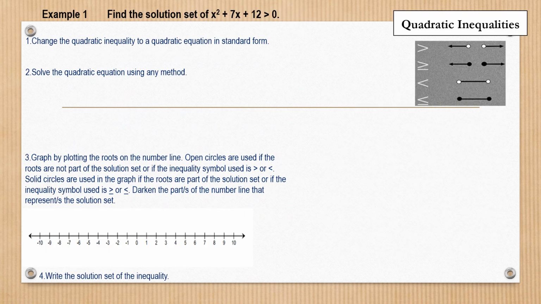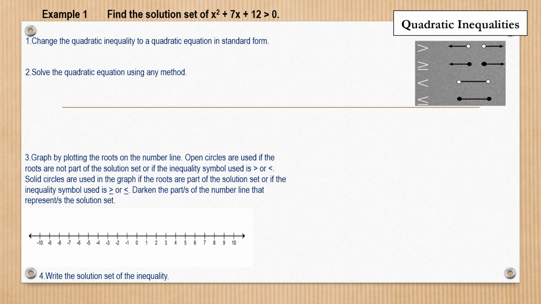For our first example, we have: find the solution set of x squared plus 7x plus 12 is greater than 0. For step 1, change the quadratic inequality to a quadratic equation in standard form.